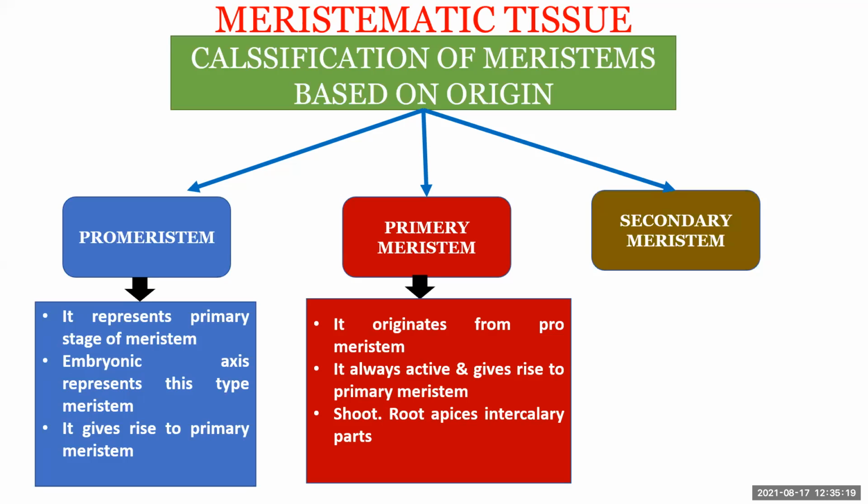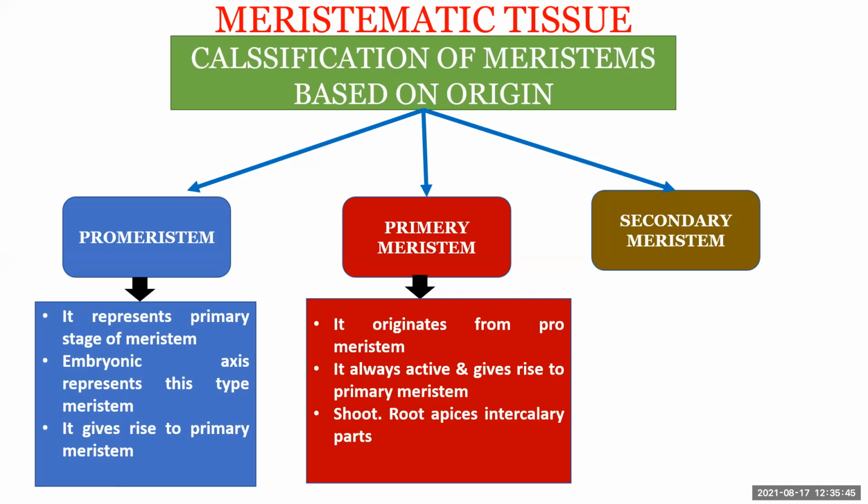This primary meristem is always active, divides continuously, and gives rise to primary meristem along with permanent cells.